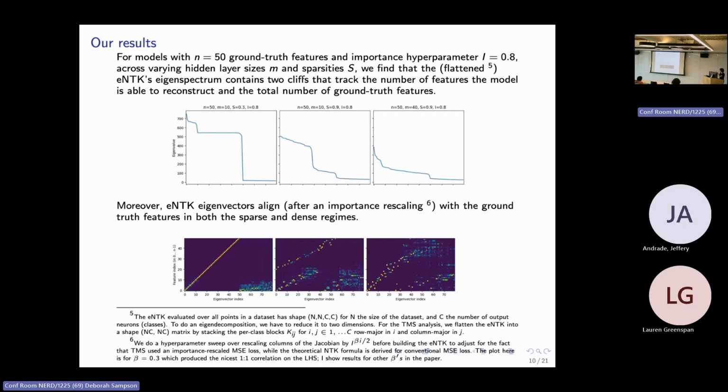And here are our results. So for models with 50 ground truth features and this importance hyperparameter 0.8, it looks the same for other ones. These are just some specific choice.